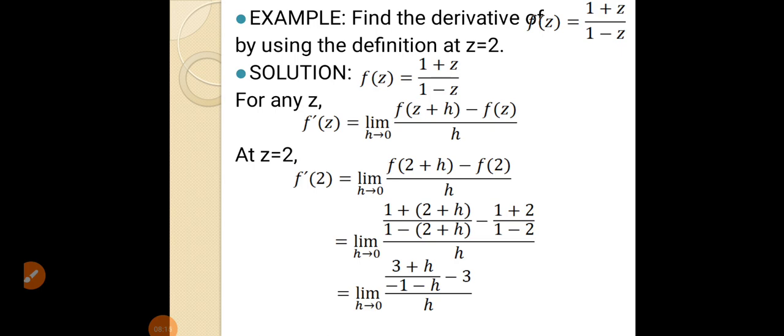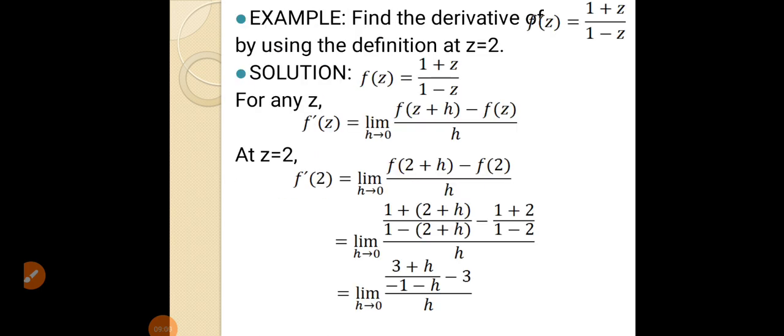Then we get the limit as h tends to 0 of [(1 + 2 + h) / (1 - 2 - h) - (1 + 2) / (1 - 2)] / h. 1 + 2 means 3, so 3 + h upon 1 - 2 means -1, that is -1 - h, minus 3 upon -1, all divided by h.